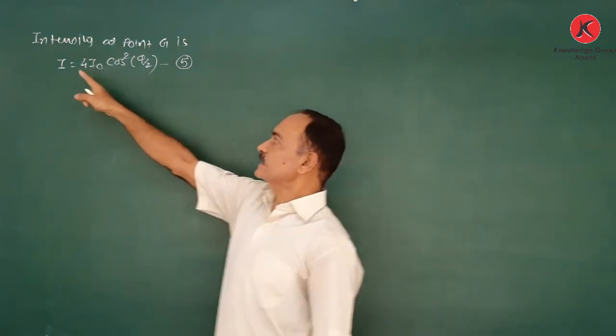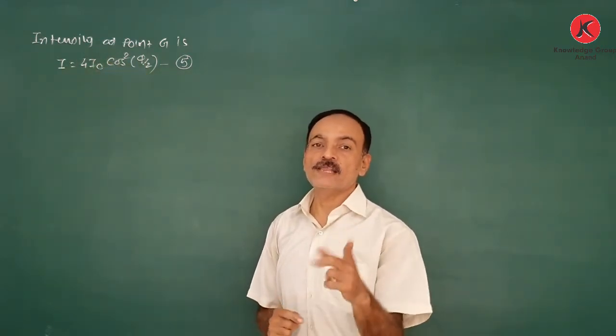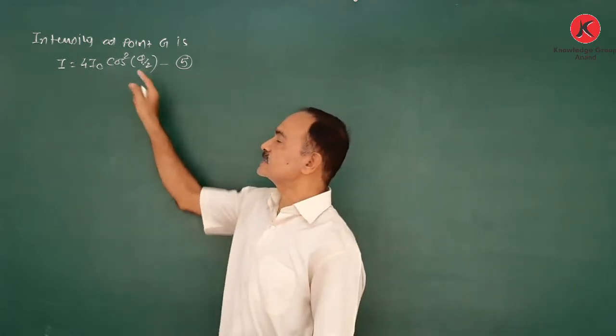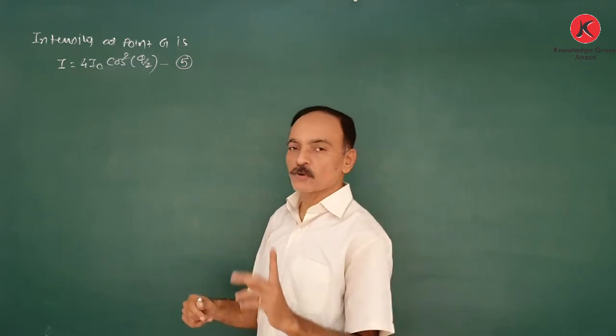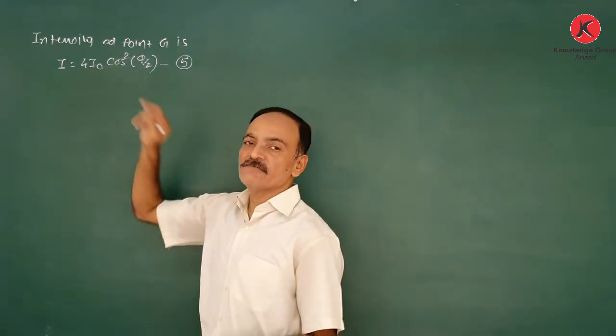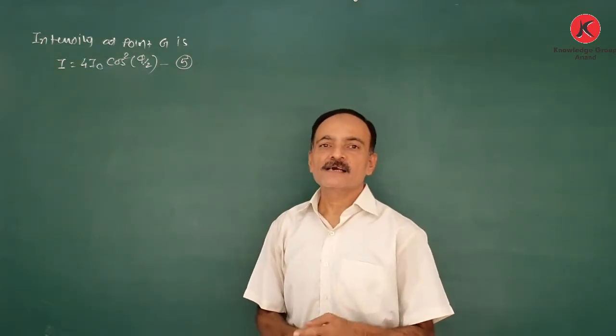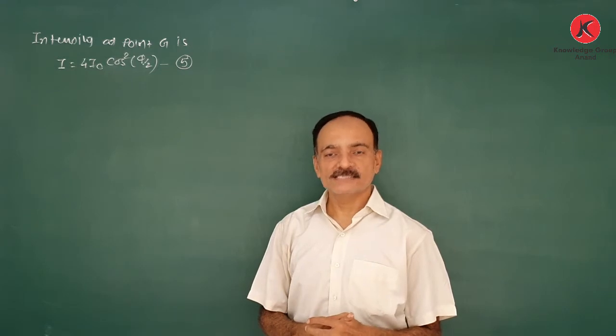Now, this intensity depends on the value of phi. Therefore, for phi equal to 0, plus or minus 2 pi, plus or minus 4 pi, the intensity will be maximum and constructive interference takes place at point G.